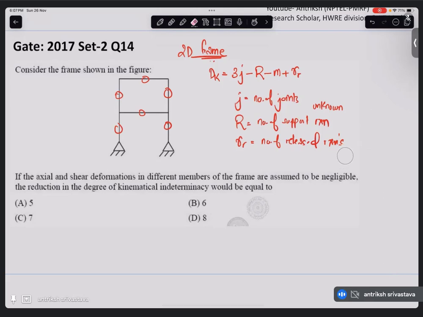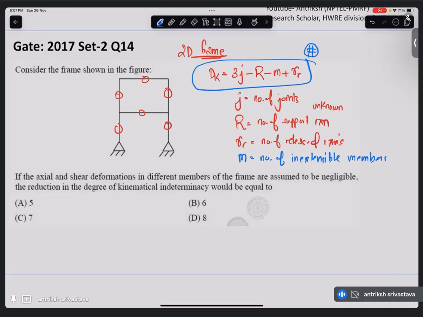So this is the formula, but we have not talked about what is M. M is the number of inextensible members. So in this formula, if nothing is given to you in the question, then the kinematic indeterminacy is going to be 3J minus R plus RR, right?